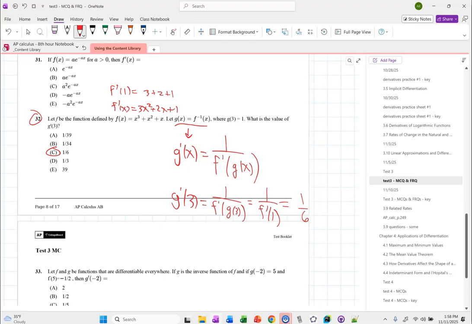Ta-da! So if you're finding g prime of whatever number, you put that number into g, and then find f prime of whatever that gives, because the function notation tells you to plug in x into the same spot. So g prime of 3 is 1. It turned out to be not so bad.